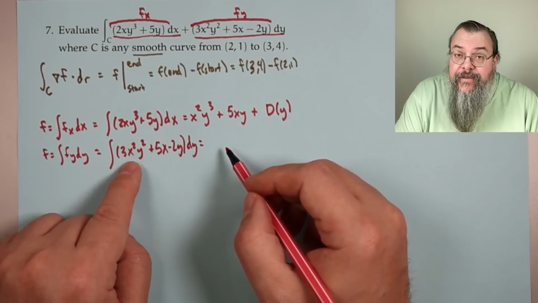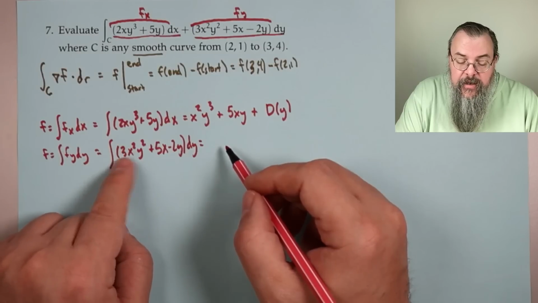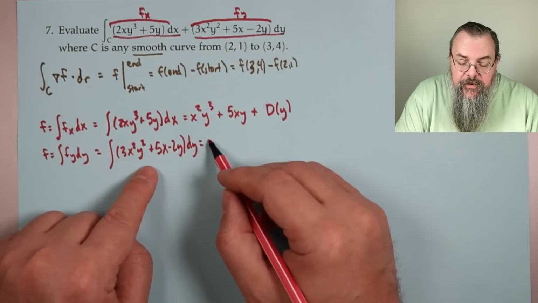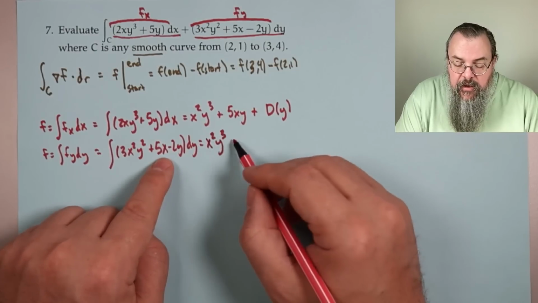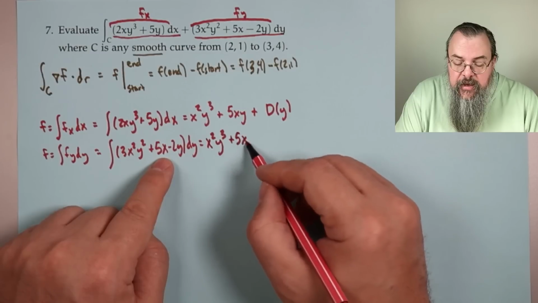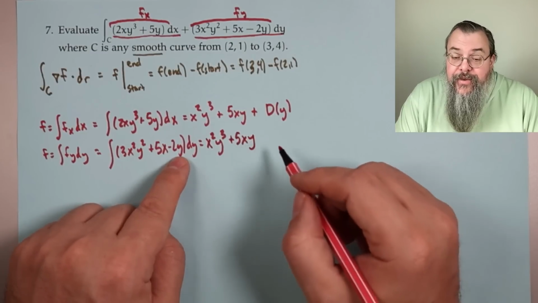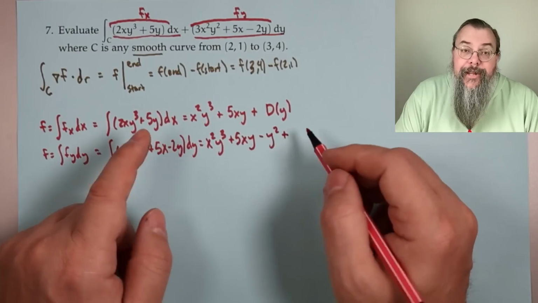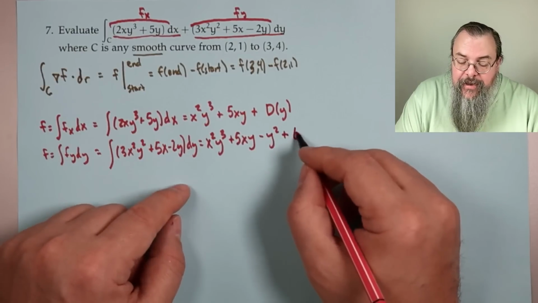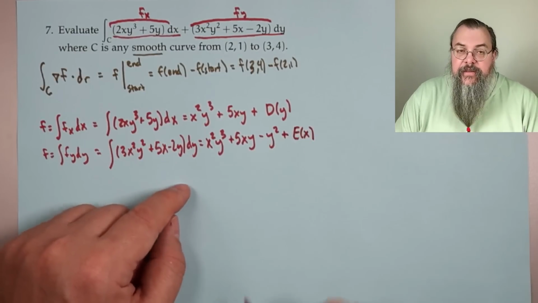Treat x as like a constant. 3y squared, take the antiderivative, that's going to give us y cubed. So we get x squared y cubed. 5x, all constant, so 5xy. Minus 2y, minus y squared, plus anything which doesn't depend on y. So a constant function just of x.